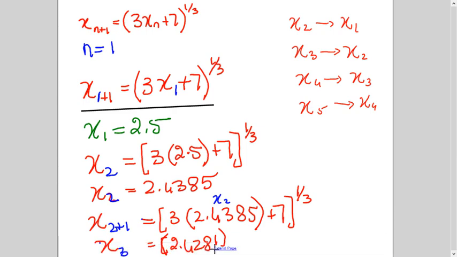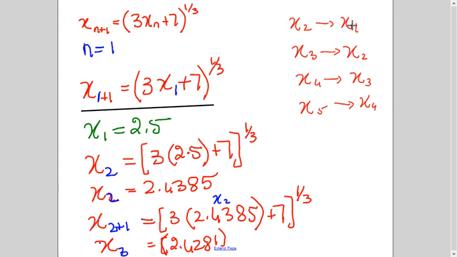So whatever answer you get, you plug back into the equation. For example, I got 2.4385, so I plug it into the formula here. See here, when I get the value, it is x3. So every time you get an answer, that is the value of the next x. Like I have written here in the chart.